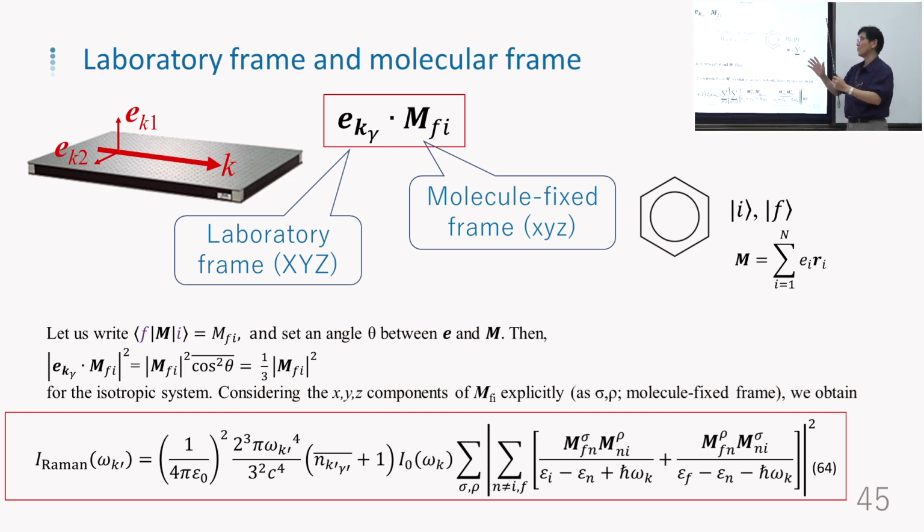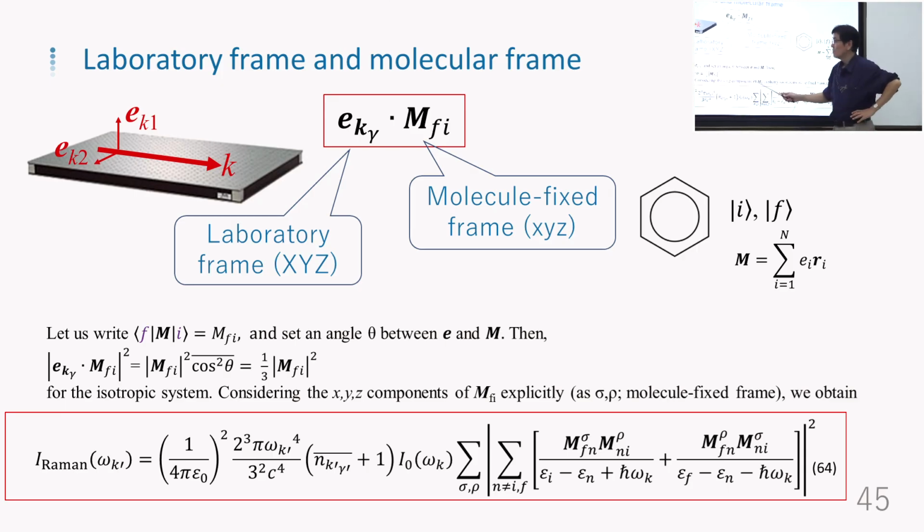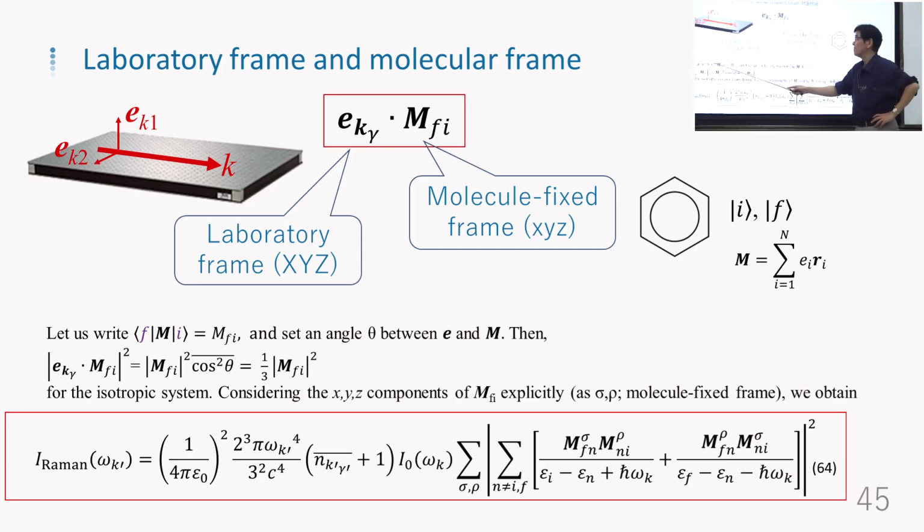So I don't know, but anyway, we can define the angle theta between E and M. Then the inner product of vector E and M can be expressed by using cosine theta. E is a unit vector, polarization vector, so the length is 1. Only the direction is the problem. So by introducing theta, E disappears and only theta remains.